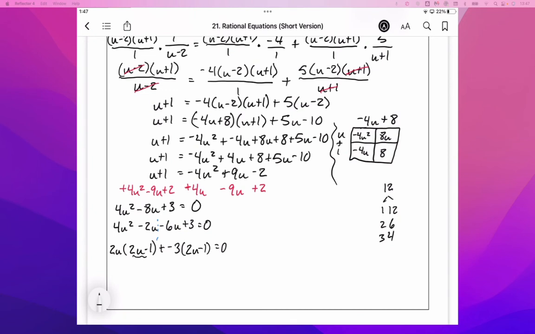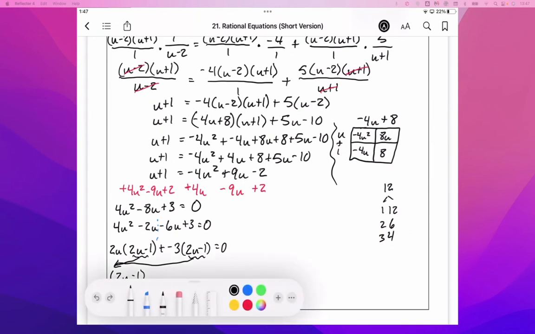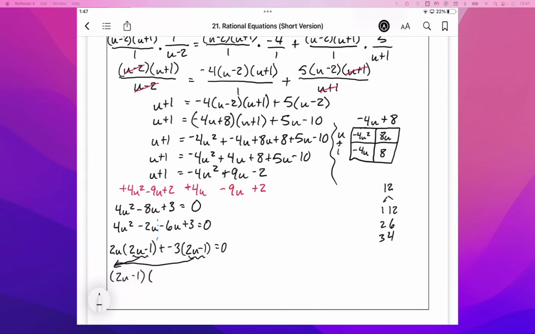And so this will pull out over here. 2u minus 1 times 2u plus a negative 3, which will simplify to be minus 3. And I should have put equal to 0 already there.